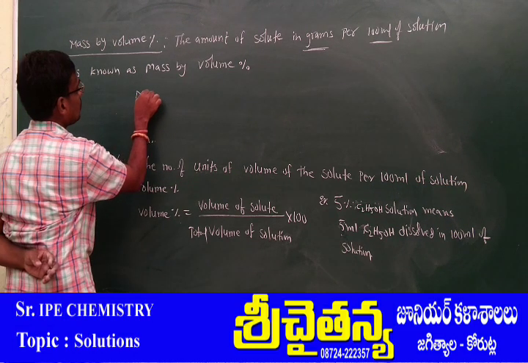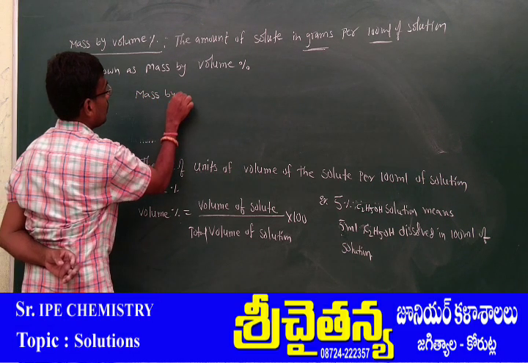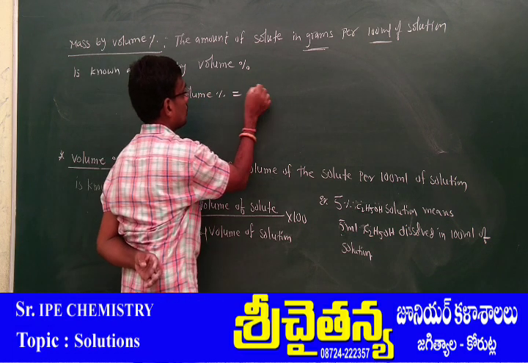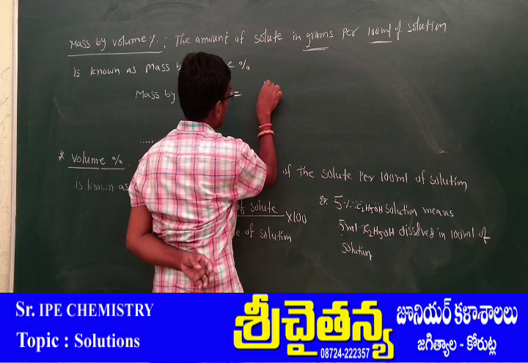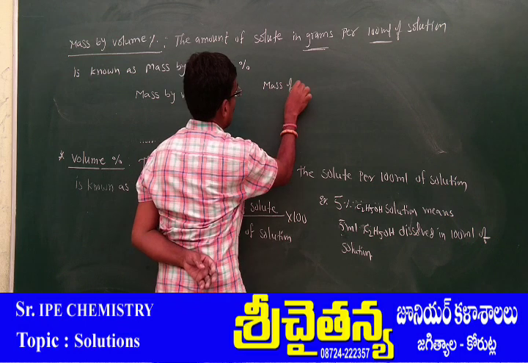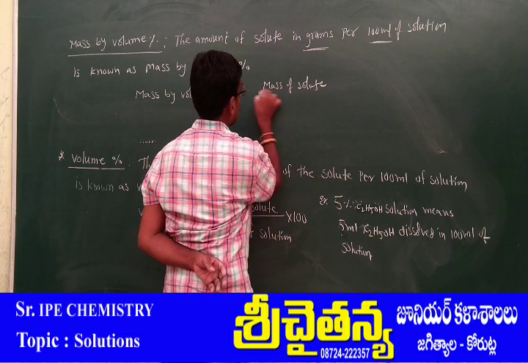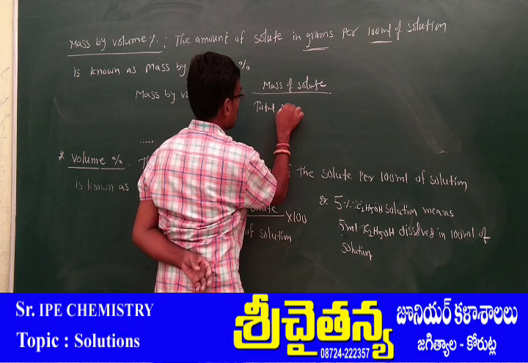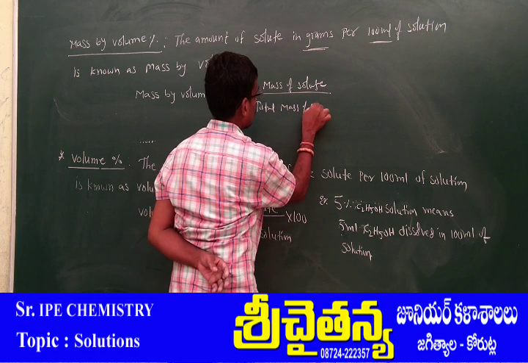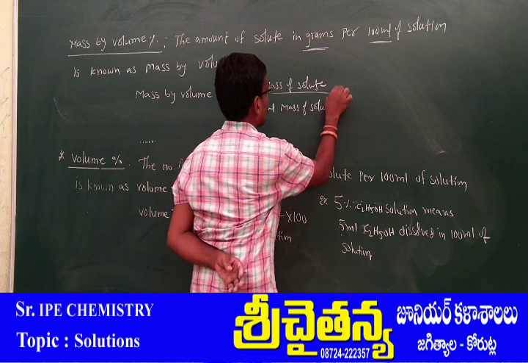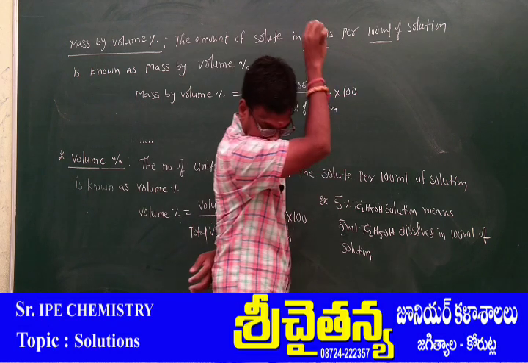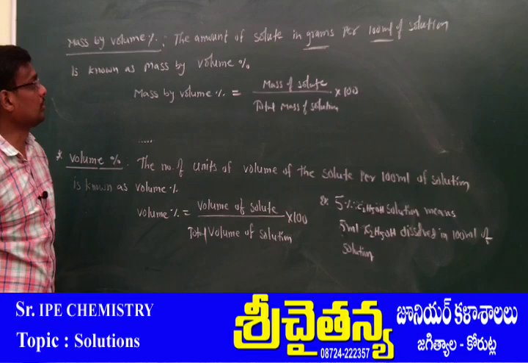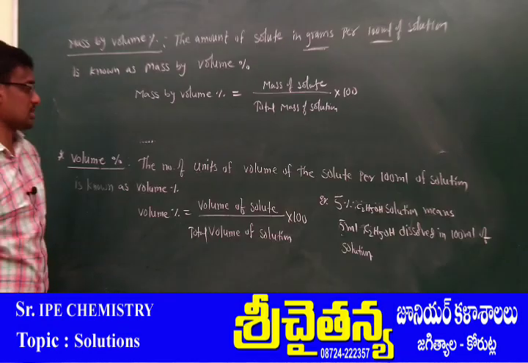Here the principle: mass by volume percent is equal to mass of solute by total volume of solution into 100. So this is about mass by volume percent.